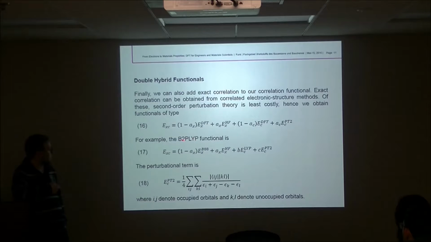One example is the B2PLYP. So this has Lee-Yang-Parr correlation. It has Becke exchange, and P is for perturbation. What we see here is we have the GGA exchange energy, which is an LDA plus gradient correction, right?